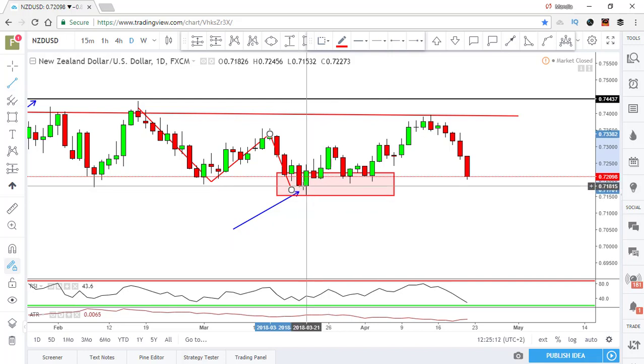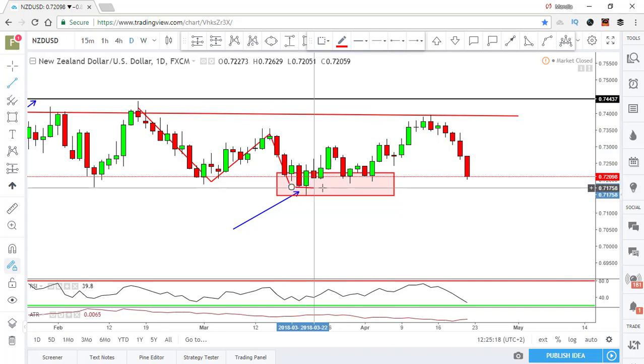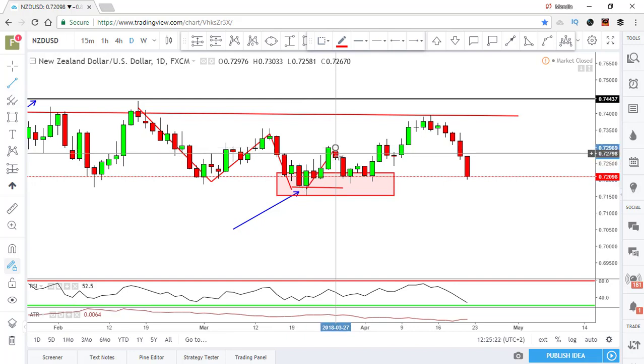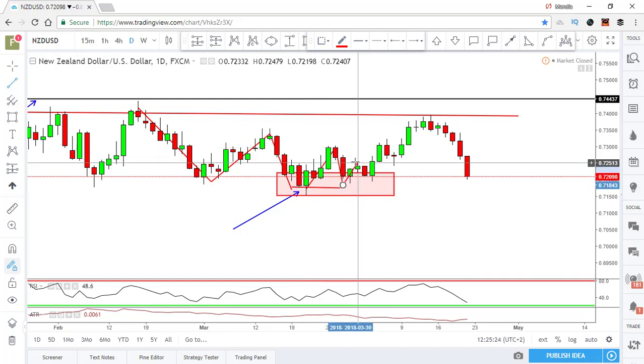We started to have a hold at this very same level. You see price coming back to this level, a little retracement, then some little bit of consolidation somewhere at this level of structure right here.